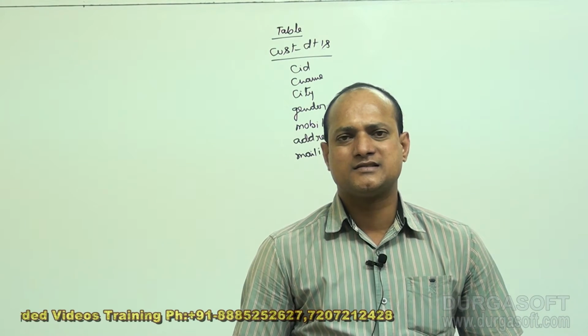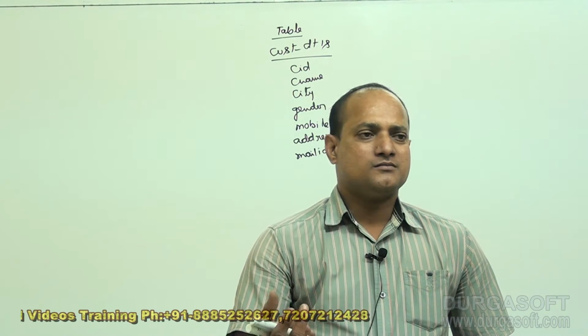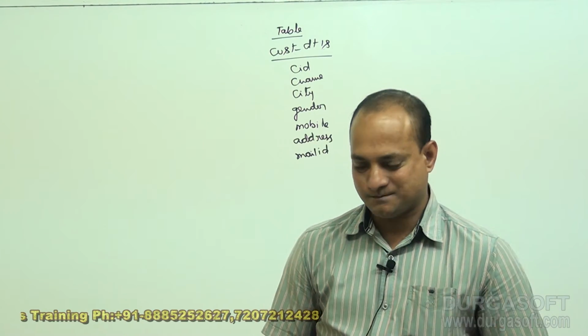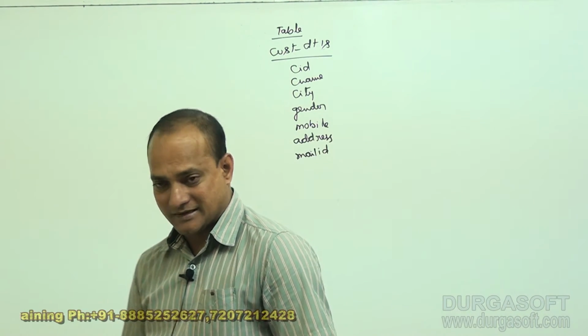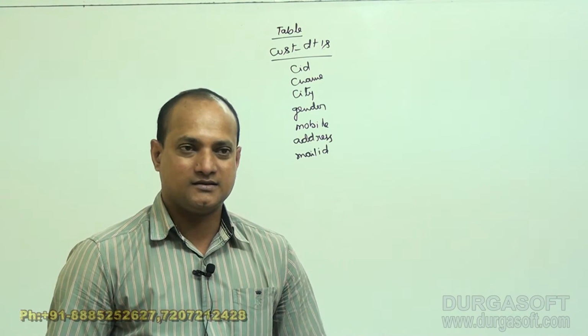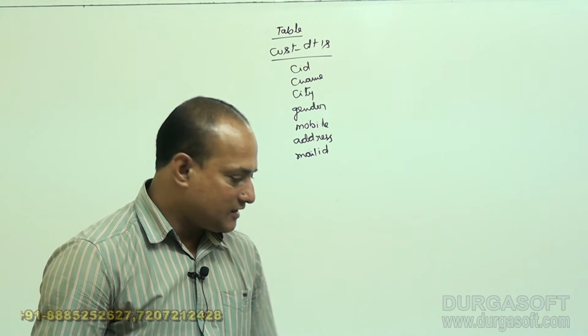Dynamically means that just by using %type we take the data type and size of the column, and that data type and size is applied to the variable implicitly. This is called dynamic declaration.